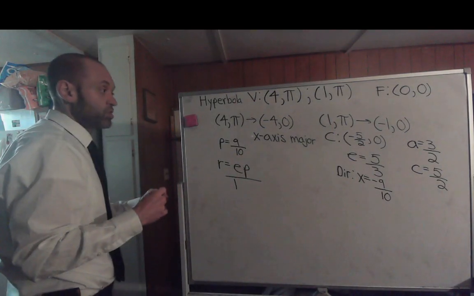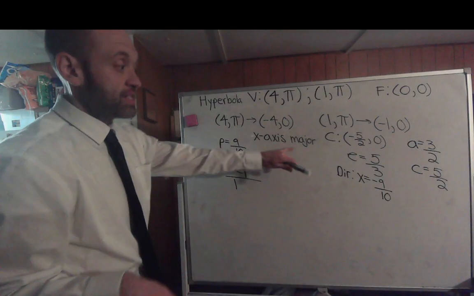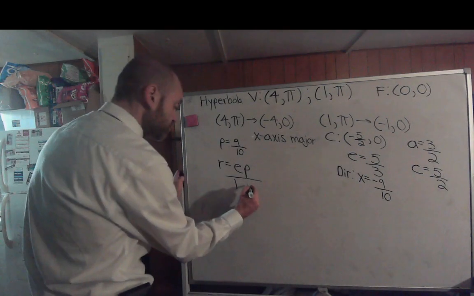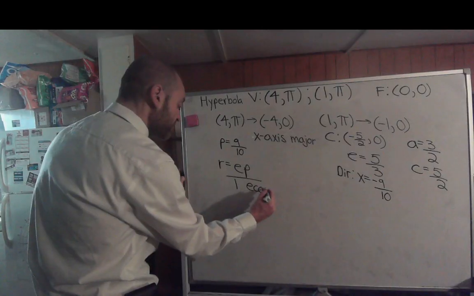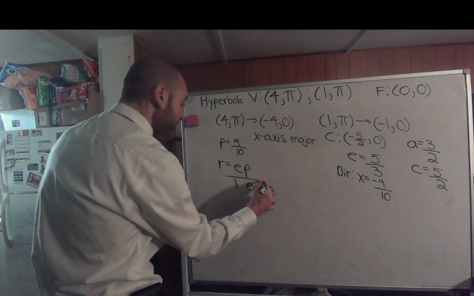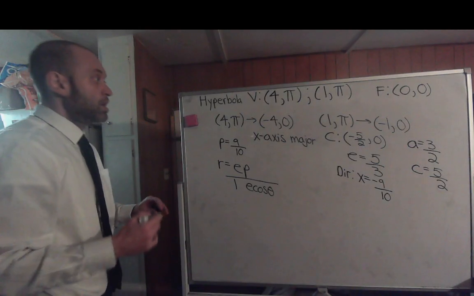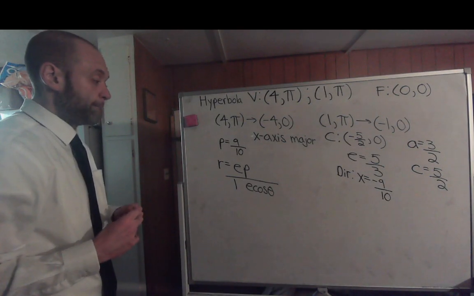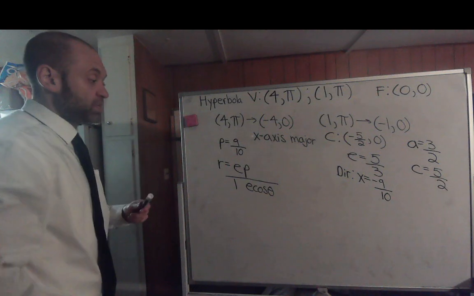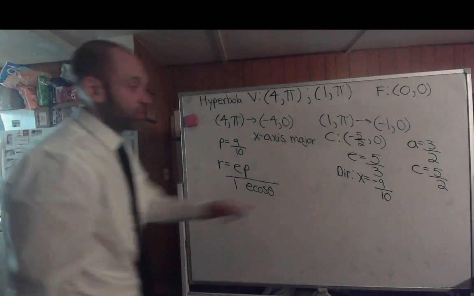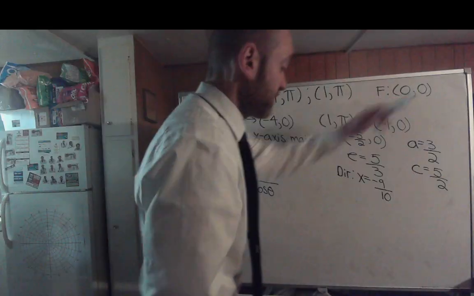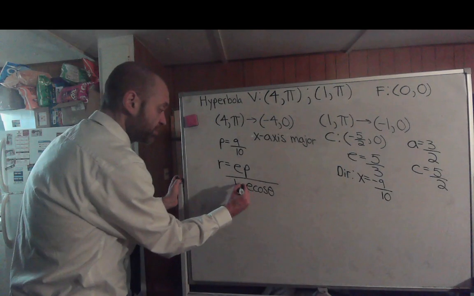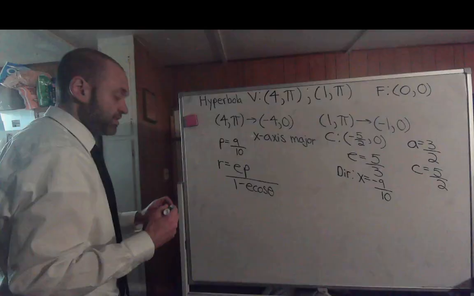Now, which function are we using? If the x-axis is the major axis, this will be in the form of E cosine of theta. All right, now, is it going to be plus or minus? Notice your directrix is to the left of the focus, to the left of the pole, so that would be minus E cosine of theta.